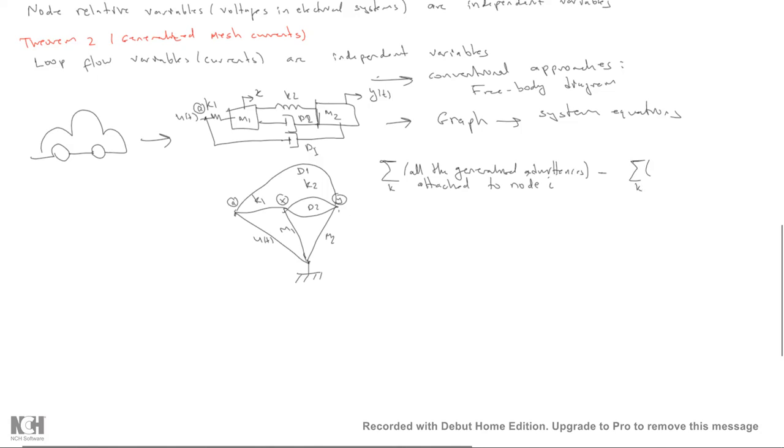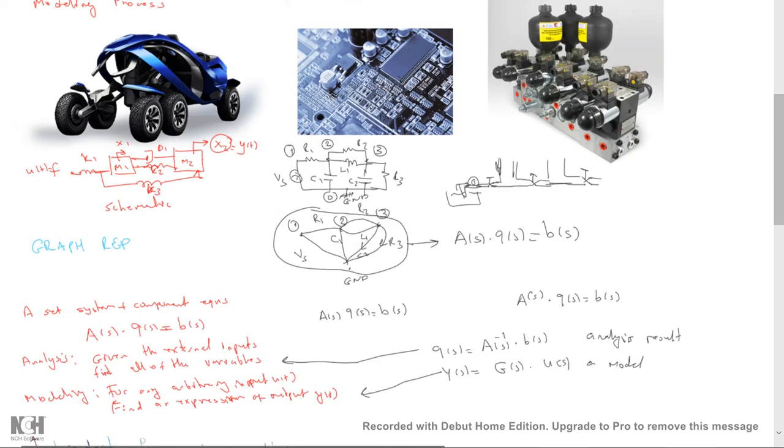For all k, all the generalized admittances of components between node I and j, times xj.